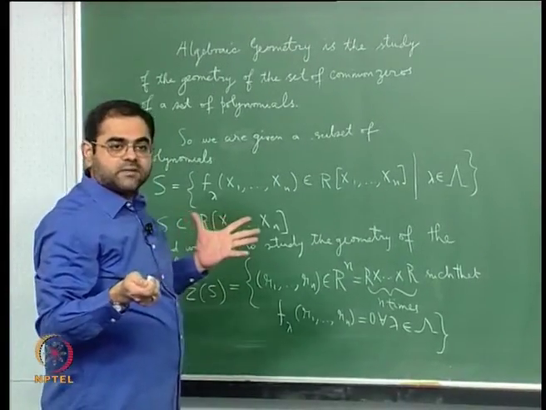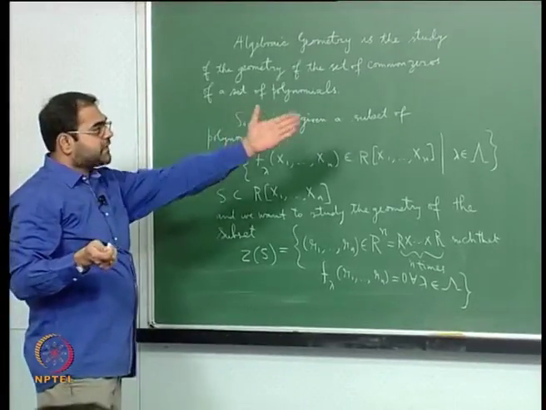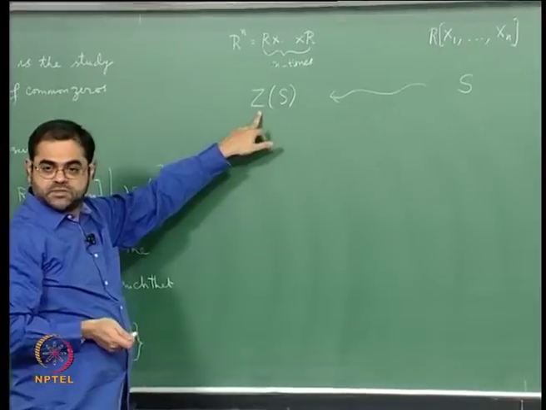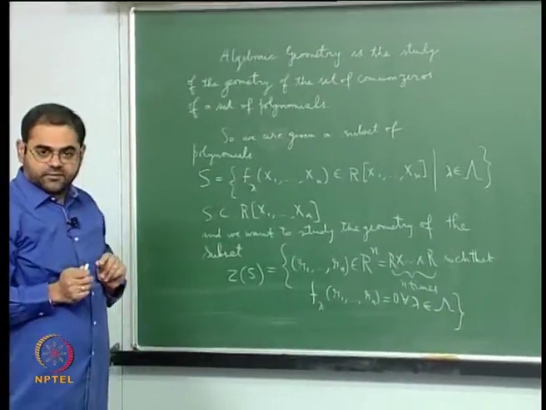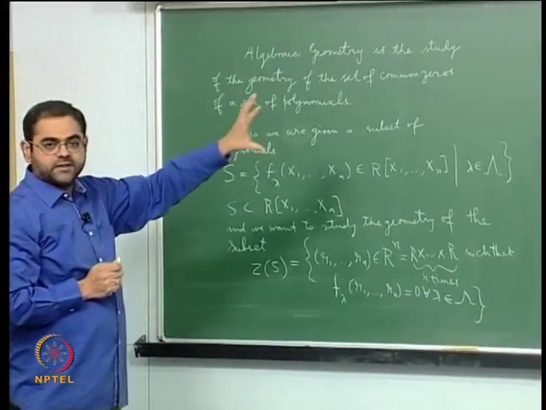And the purpose of algebraic geometry is to study the geometry of this common set of zeros. So this is the general picture. You can see that already there are two sides to the picture.